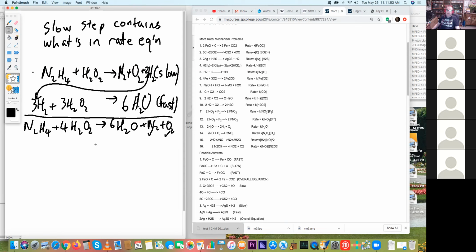In the first problem, we actually had to make the FeOC from something, probably from FeO and C. But for the second one, we don't have to make the C or the SO2 from anything. Somebody's got their thing unmuted, so I'm echoing here.